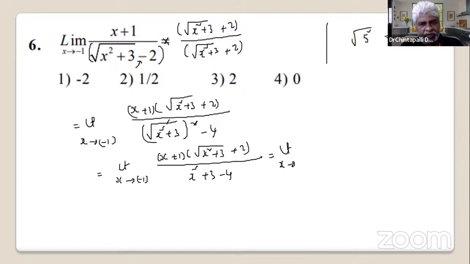Limit x tends to -1, x plus 1 times root of x squared plus 3 plus 2, whole by denominator x squared plus 3 minus 4.